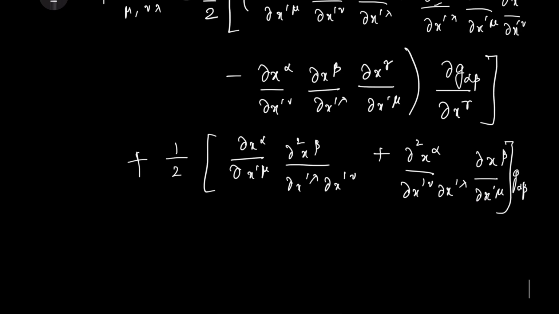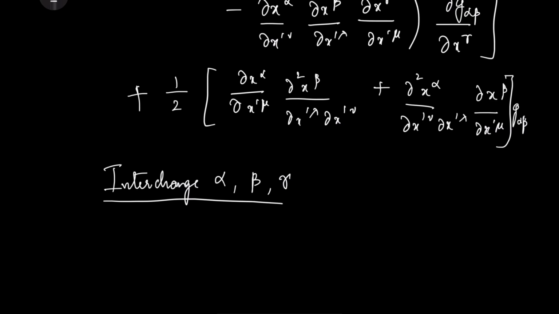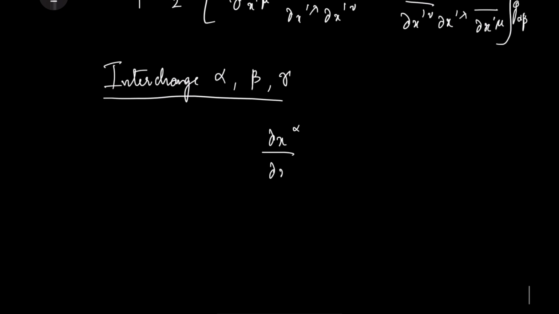Now here I have to interchange alpha, beta, gamma. This interchange has to be done in such a way that we can take this quantity common outside the bracket. So I'm just doing a manipulation of the given equation.